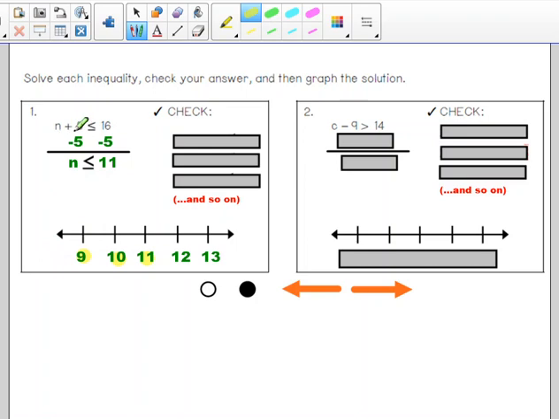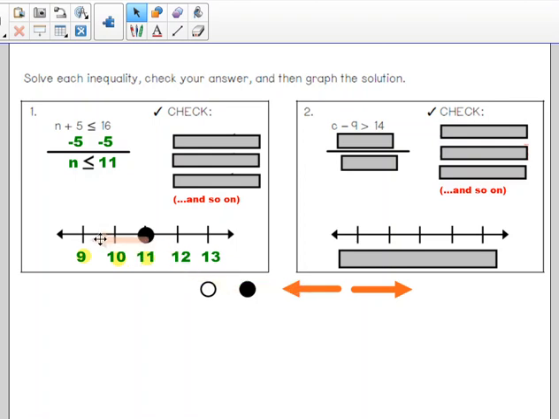Because remember, the goal here is that we want n's value to get us something that is less than or equal to 16. So 11's as high as n could be, but it could also be something less than that. So if I look at my number line here, I want to put a closed dot on 11 because n could be that.